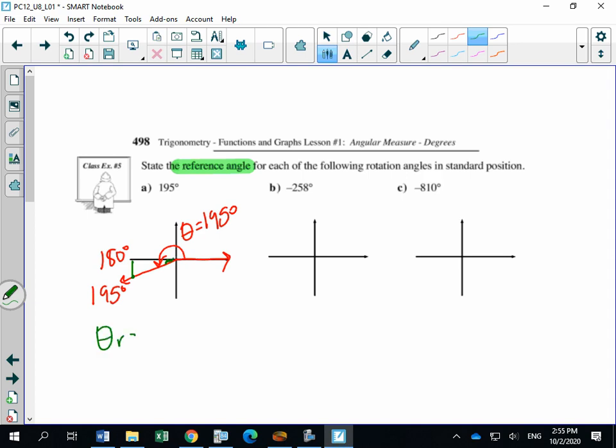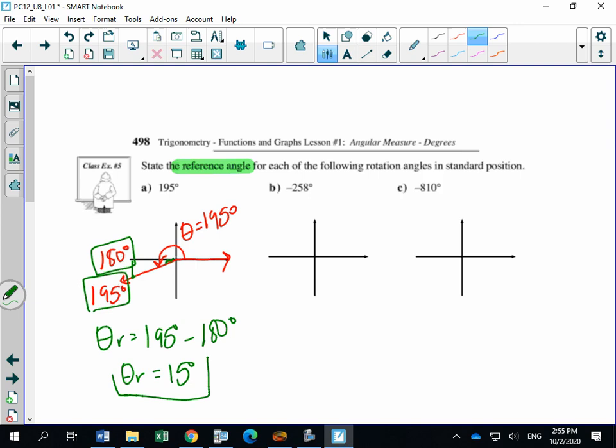That angle is calculated by using 195 degrees and 180 degrees, and you would subtract those two numbers. 195 minus 180 gives us a reference angle of 15 degrees. Make sure that that makes sense. So 180 plus this little 15-degree angle gives me 195.